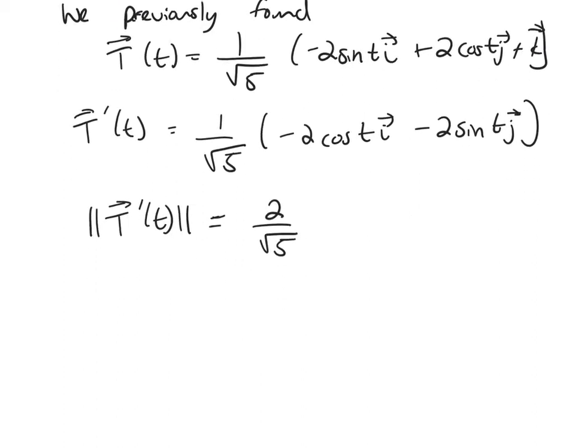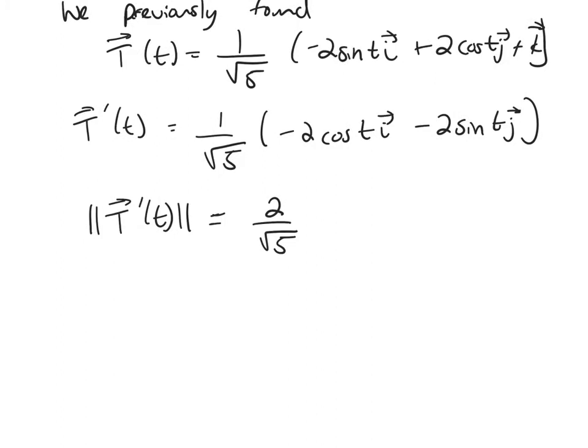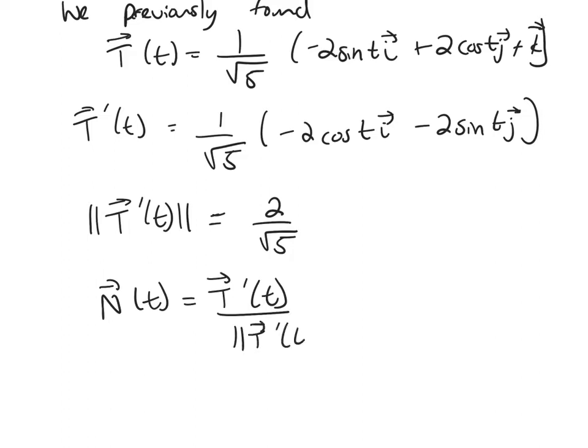So we can now find our principal unit normal vector, the vector N. Remember that it's T prime over the magnitude of T prime. So here, if I divide, the square roots of 5 will go away. I get 1 over 2 times minus 2 cosine t i minus 2 sine t j.